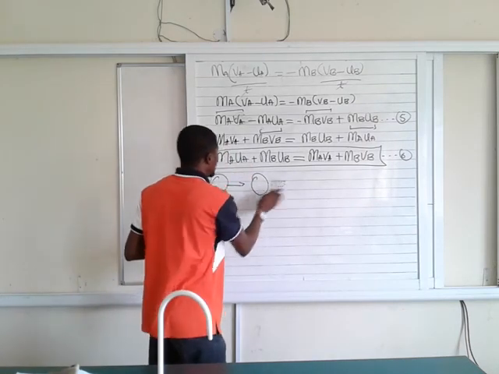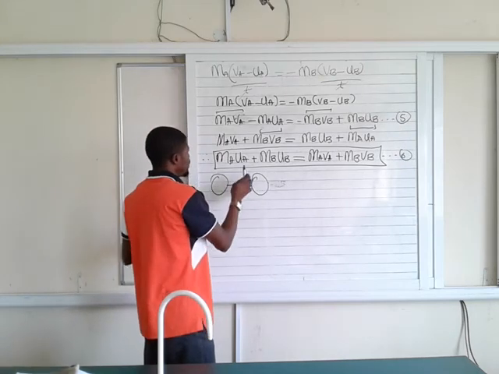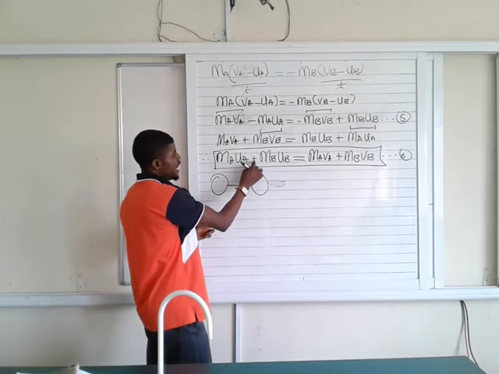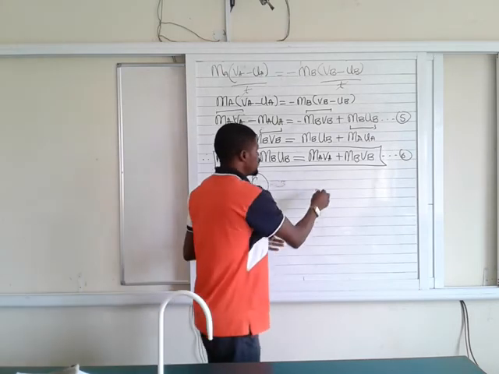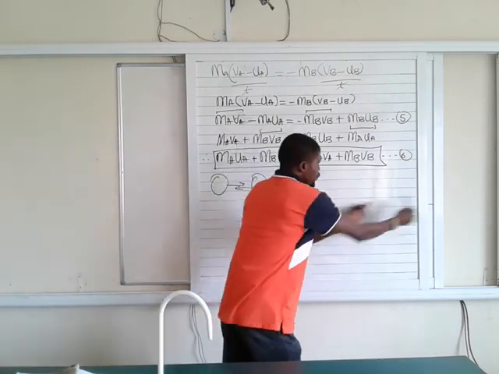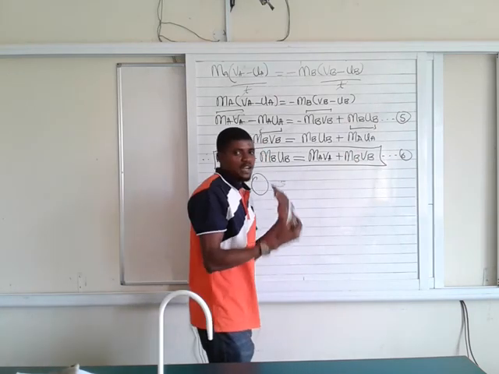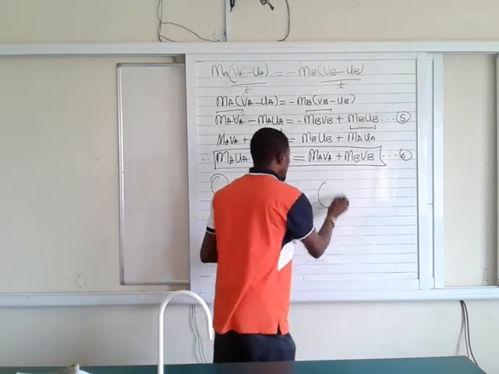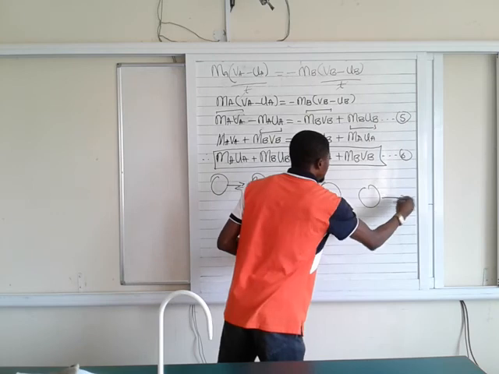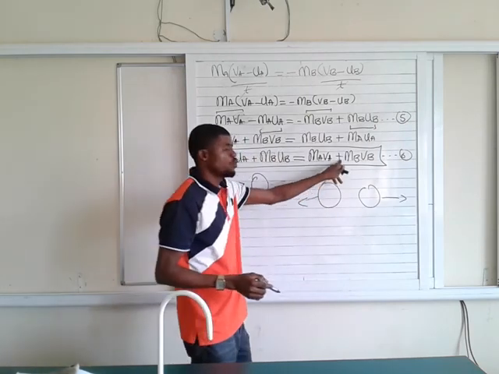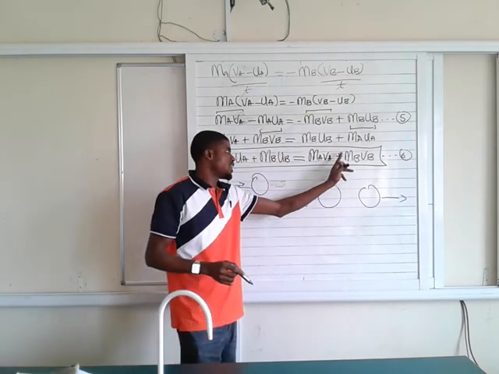But if they are moving in opposite direction, what do you put? You put a negative sign here. And if after collision, they move in the same direction, you put a plus sign here. But if after collision, they move in opposite direction, what do you put? You put a negative sign here.